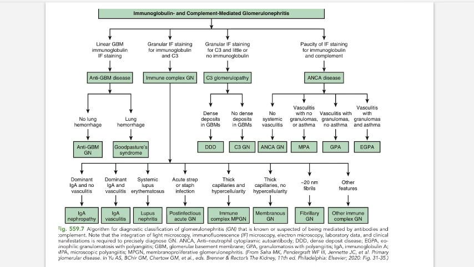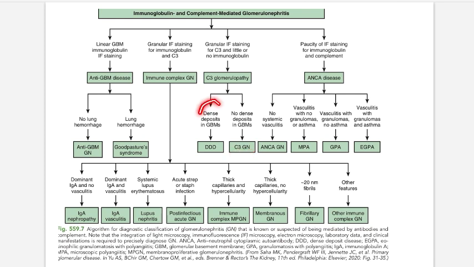Then, if there is granular immunofluorescence staining for C3 with little or no immunoglobulin, this is C3 deposition only, so C3 glomerulopathy will be seen. The two differential diagnoses of C3 glomerulopathy are DDD, dense deposit disease, and C3 glomerulonephritis.